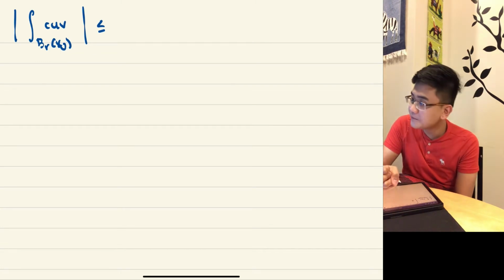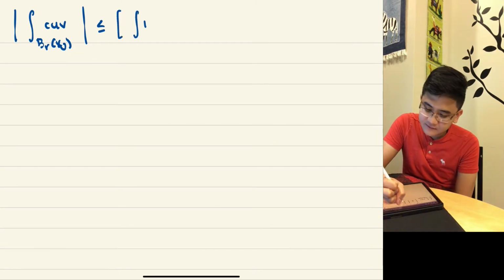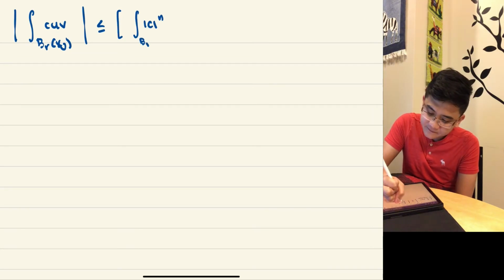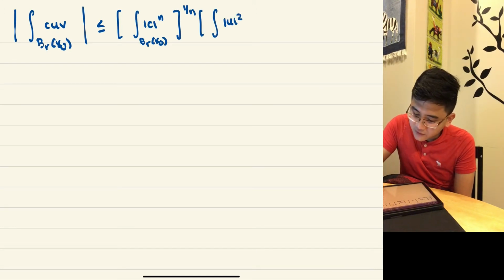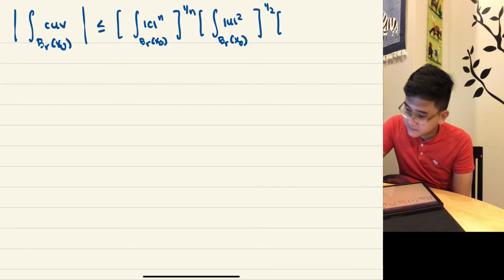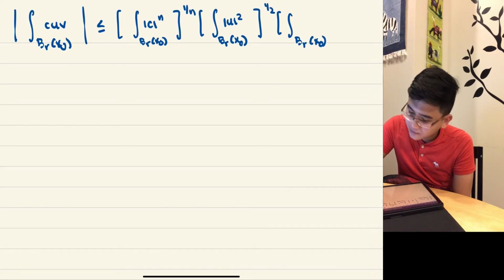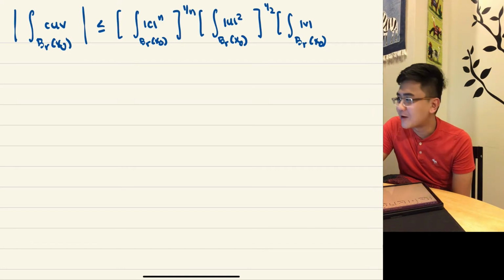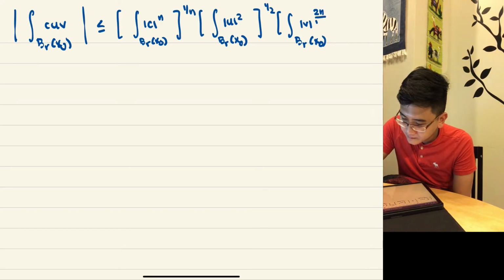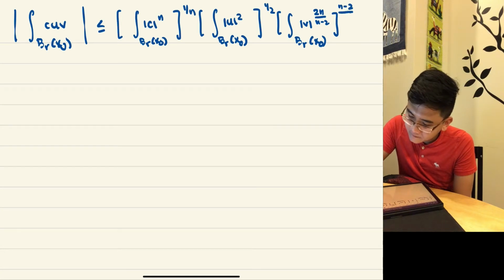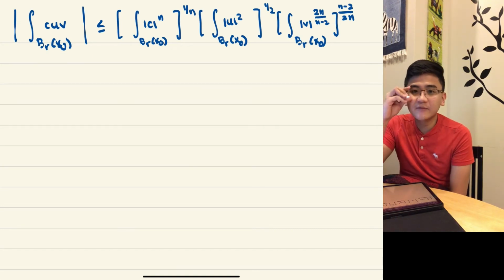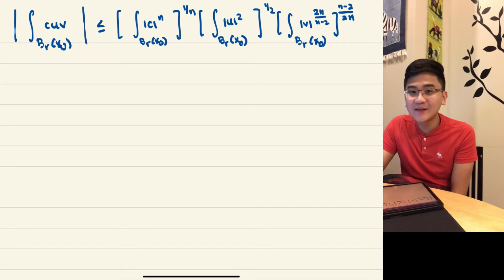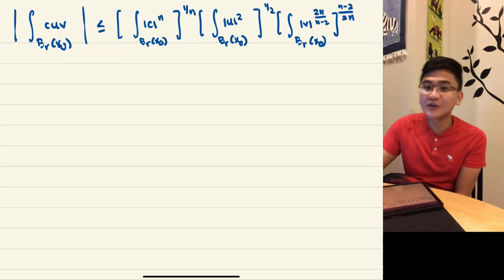This is less than or equal to the L^n norm of C times the L2 norm of U times the L2 star norm of V. You can check that if you add the reciprocals, it equals 1. I want to remind everyone that at any point you can pause the video and try out the calculations yourself.